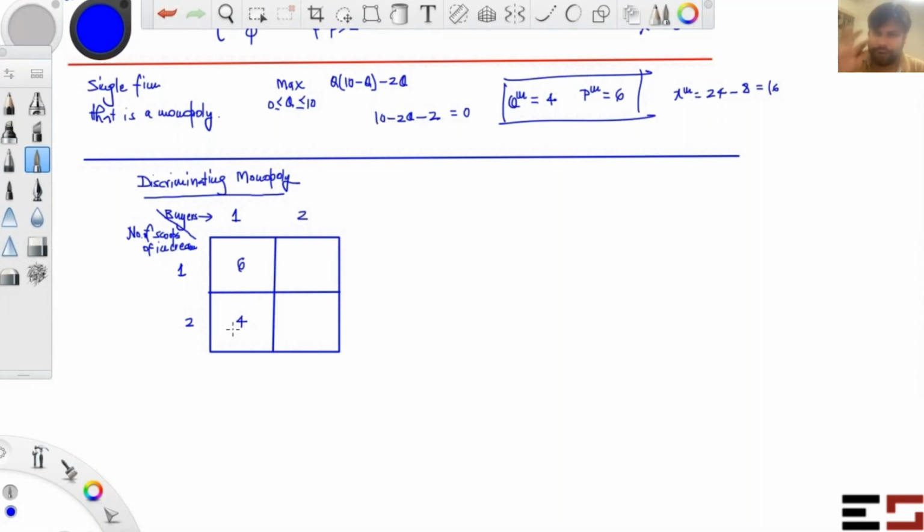Let me tell you how to interpret these numbers. What is this marginal valuation? When I say the marginal valuation for the first scoop of ice cream is 6, what I'm saying is that consumer 1 is willing to pay up to 6 rupees for the first scoop.